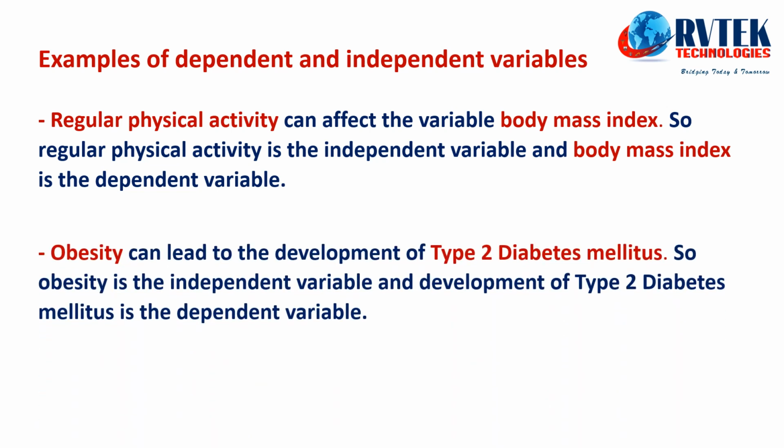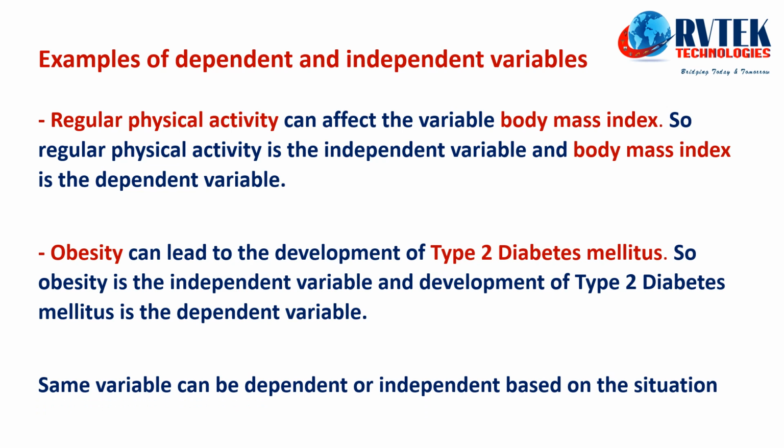Obesity can lead to the development of type 2 diabetes mellitus. So obesity is the independent variable and type 2 diabetes mellitus is the dependent variable or outcome variable. The same variable can be either dependent or independent variable based on the situation.